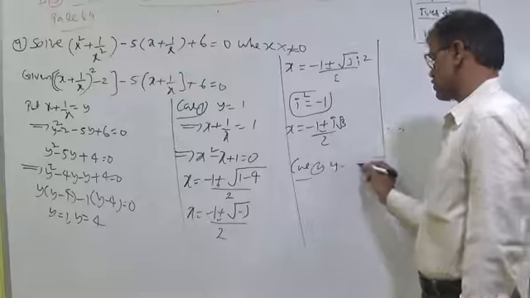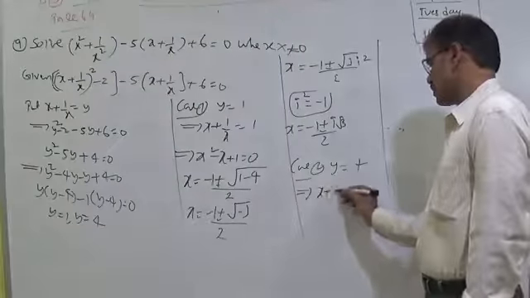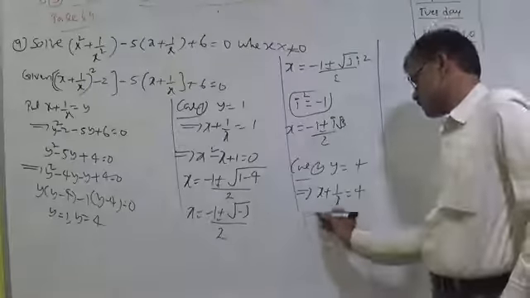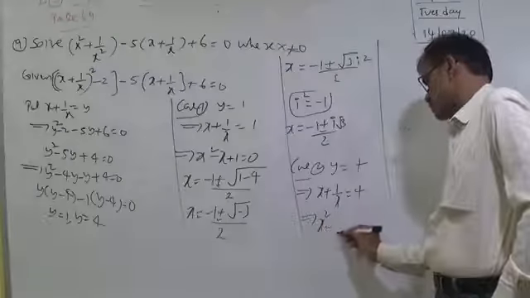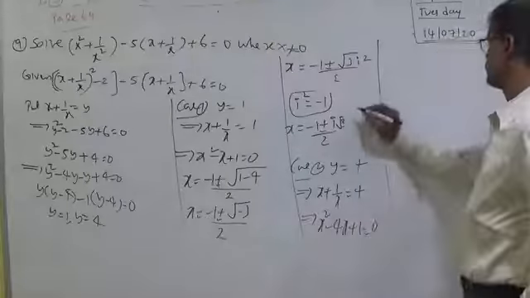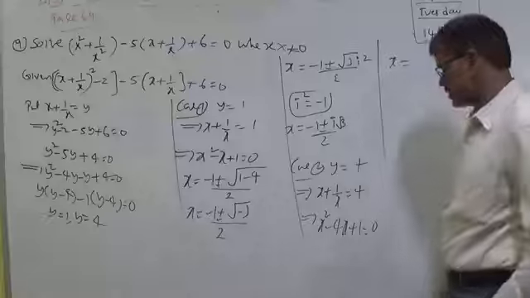Next, case 2: y is equal to 4. That implies y meaning x plus 1 by x is equal to 4. That implies x square minus 4x plus 1 equal to 0. For this equation also we have no proper factors.